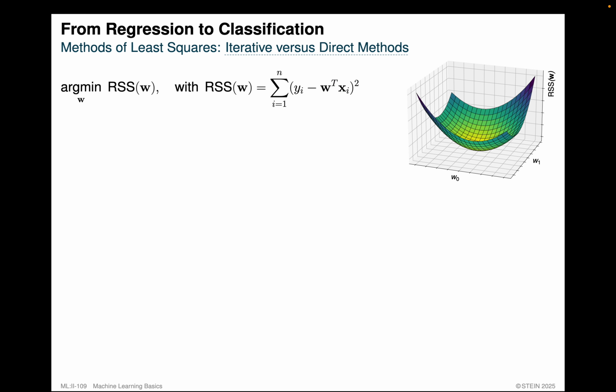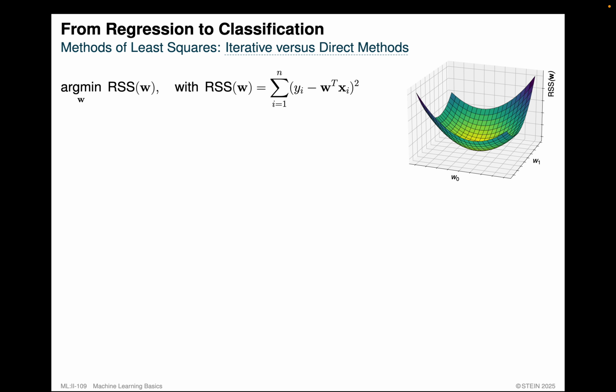So, if we want to compare what we have done now by computing the minimum directly to what we have seen before with the iterative method of the LMS algorithm, this is what we will see here. In practice, we will not be able to compute the best parameters just by analyzing the residual sum of squares function or any other function that we encounter.